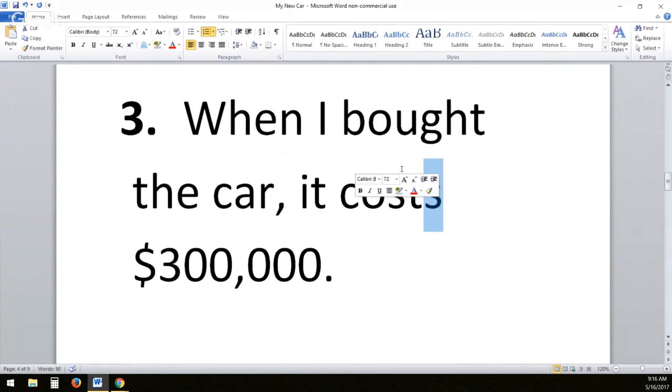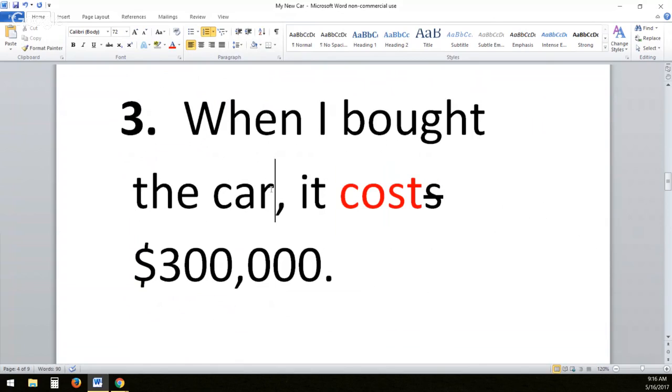So here, we're gonna cross off this S, we need just cost. Why is cost correct, but costs not correct? Some of you are asking, should it be costed?